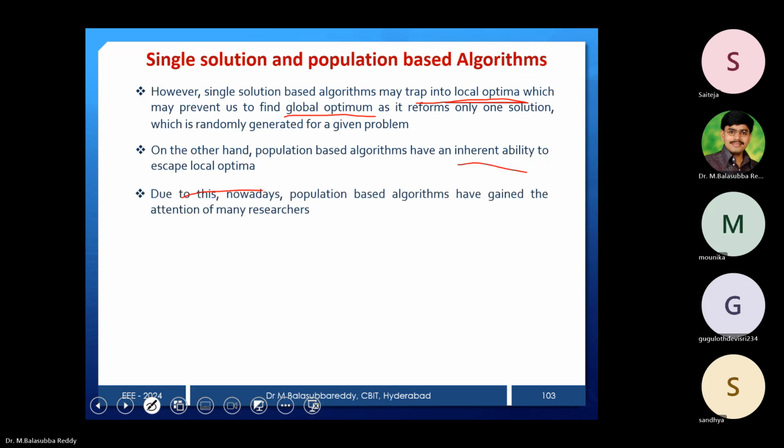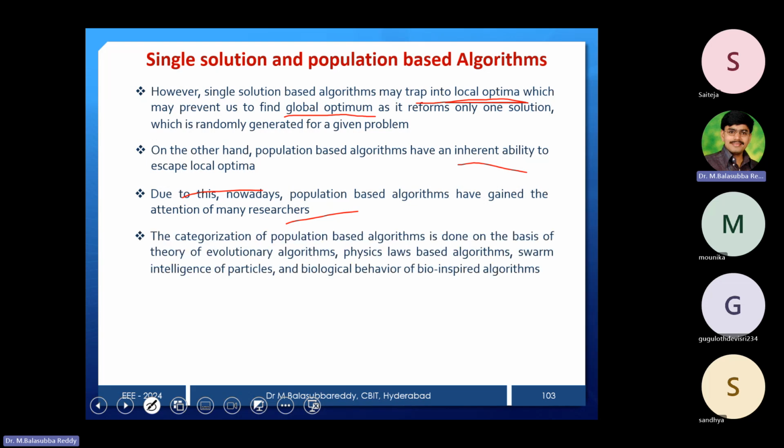Due to this, nowadays population-based algorithms have gained the attention of many researchers. This type of comparison you can also write. Sometimes if they ask to compare single solution-based and population-based algorithms, this point will suit. Or if they ask to write a short note on single solution and population-based algorithms, you can write this also.